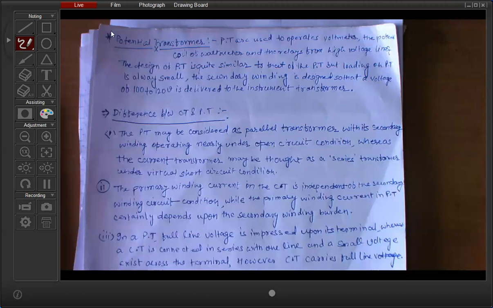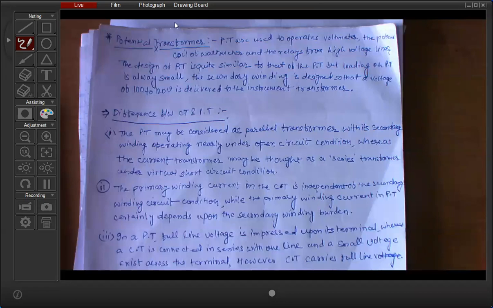Very good morning to all of you. In the last class, I discussed the working principle and derivation of error in case of current transformer. And I told you a current transformer and potential transformer are used in measurement and in the protection circuit to step down the current and voltage respectively.